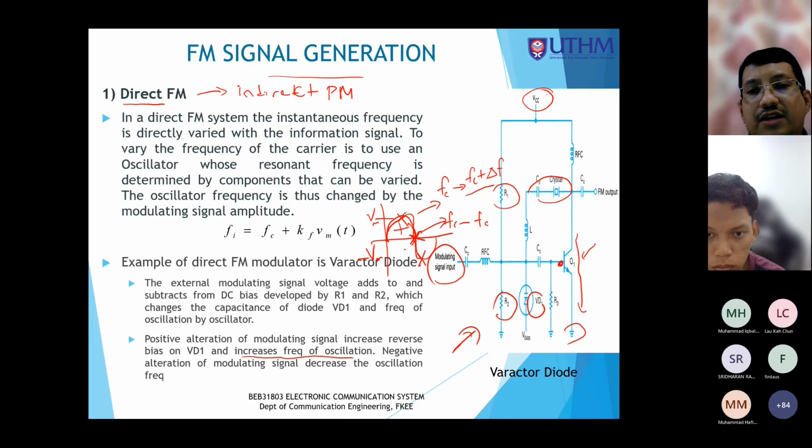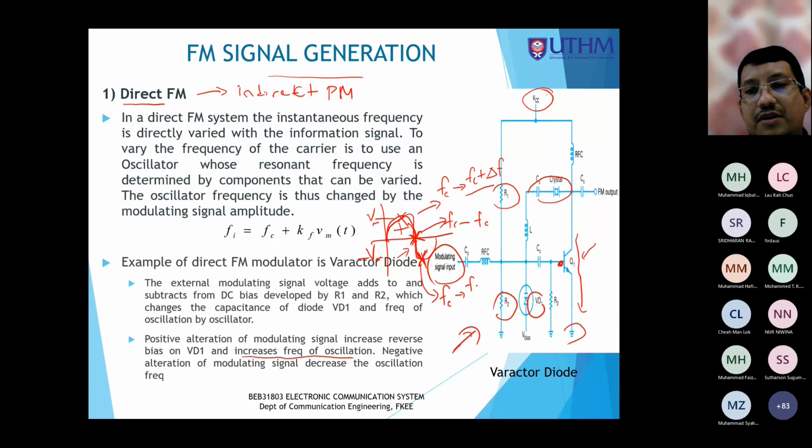And when the modulating signal goes from zero crossing until negative peak amplitude, which is minus VM, the output frequency produced by the varactor diode would move to FC minus delta F, the minimum, and so on.